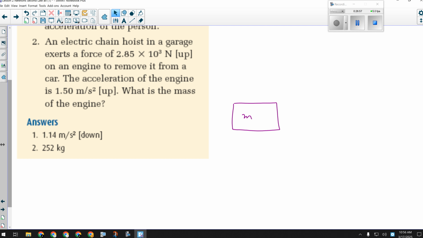They're telling us that the hoist can exert a force upwards of 2,850 newtons. What other force is involved here? Gravity. So gravity would be here. How do I know that in this situation I should draw gravity smaller than that force?